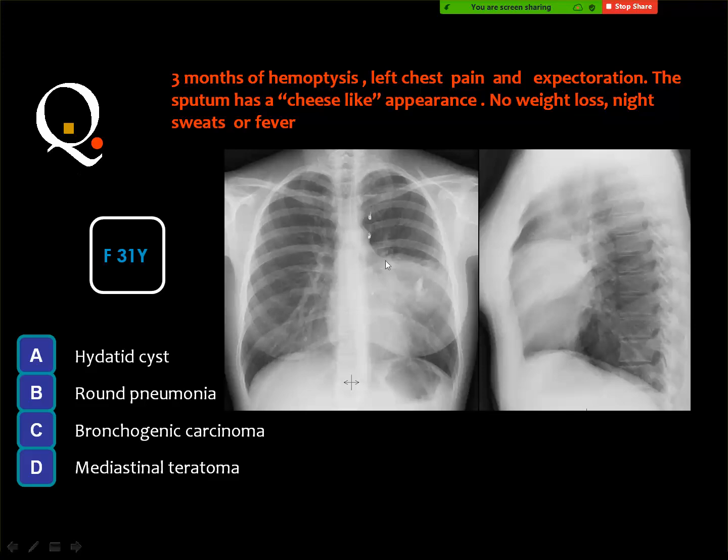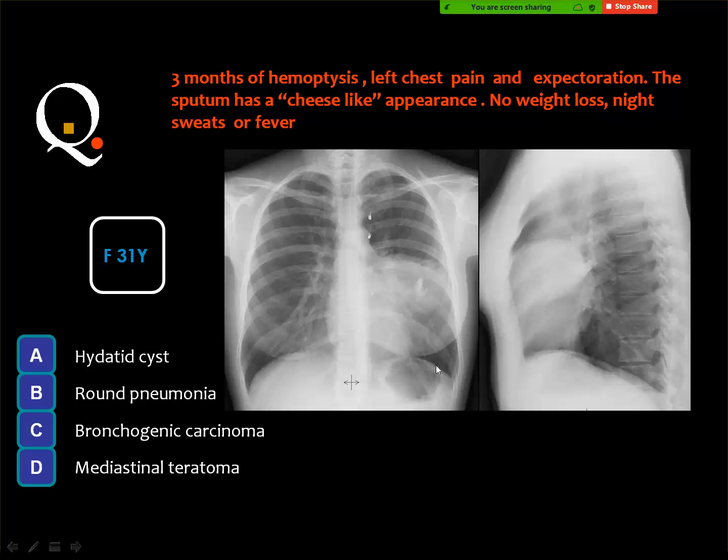Then this lesion you see in the right lung lower lobe. Actually, if you look here, it will be projected here, somewhat here, but this lesion is projected anteriorly in the mediastinum.